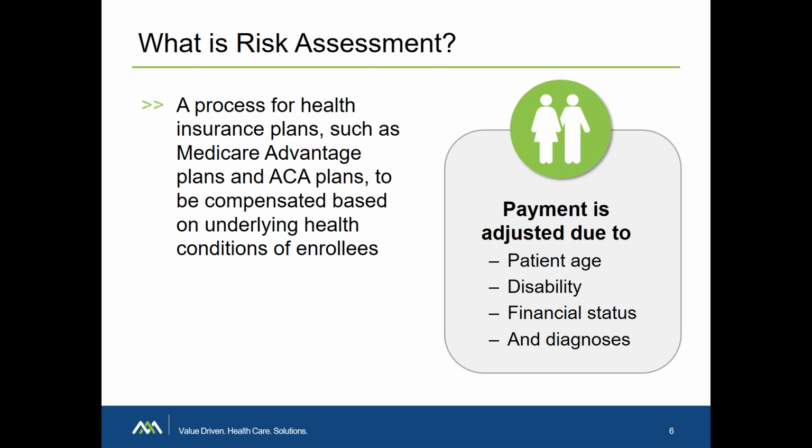So all risk adjustment models use diagnosis codes to determine potential patient level risks. Additional elements that are taken into consideration are age, gender, disability status, financial status, the insurance, the place of service, if someone's on a disability, or if they're enrolled in hospice.